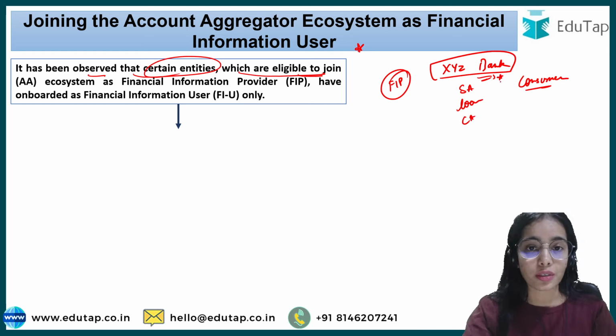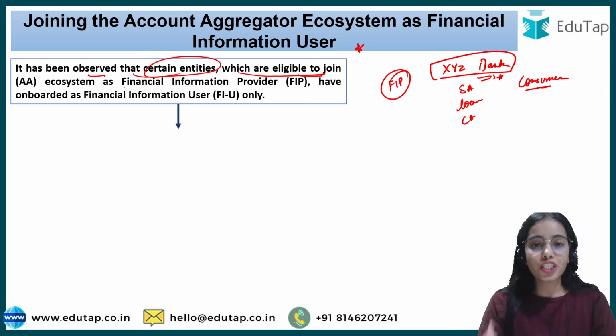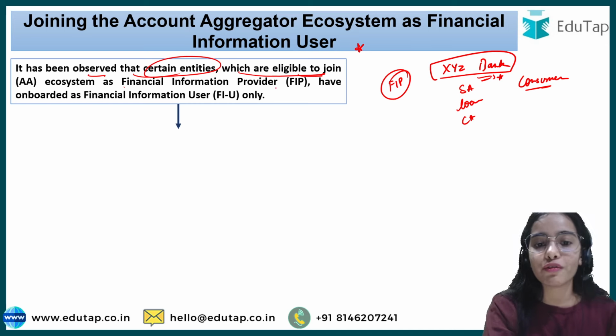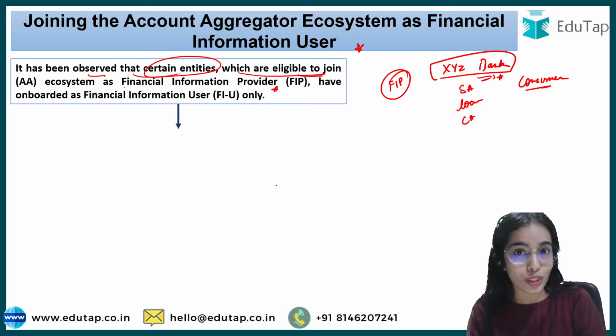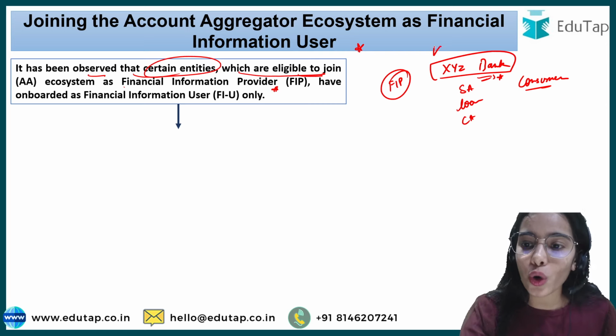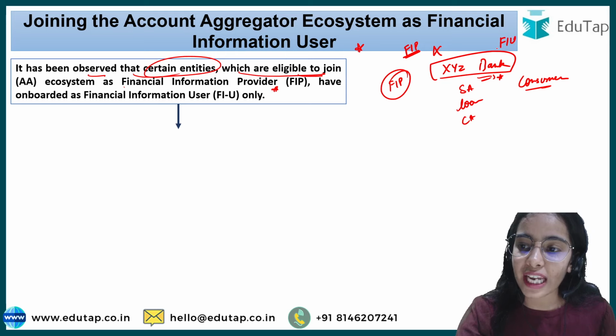Now it has the eligibility to join as a financial information provider, but it has only joined as a financial information user. So this bank is not joining as a financial information provider, it is only joining as a financial information user.